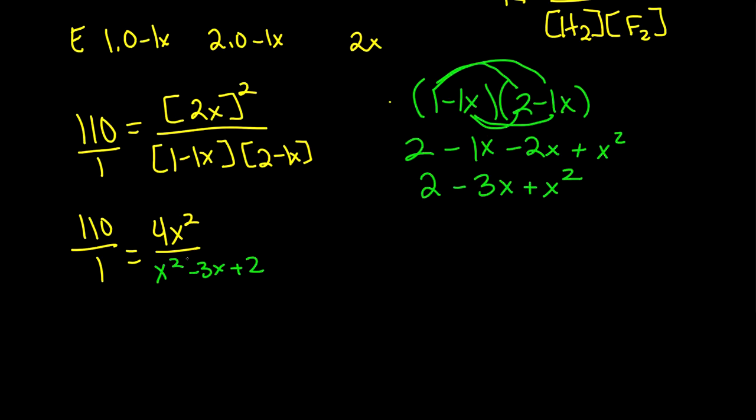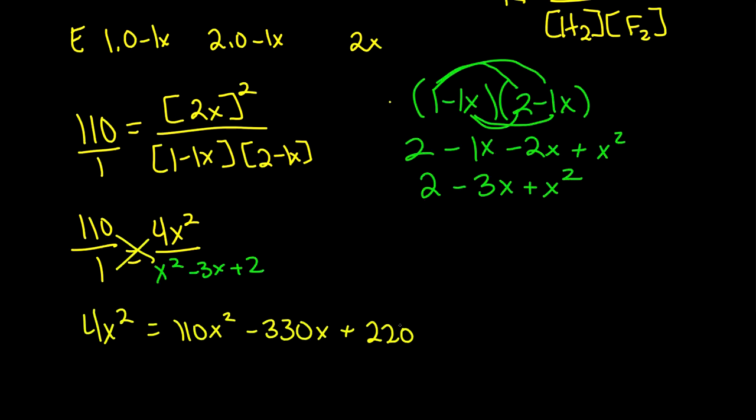Let's cross multiply. 1 times 4x squared gives me 4x squared. 110 times x squared is 110x squared. 110 times minus 3x is minus 330x. 110 times 2 is 220.